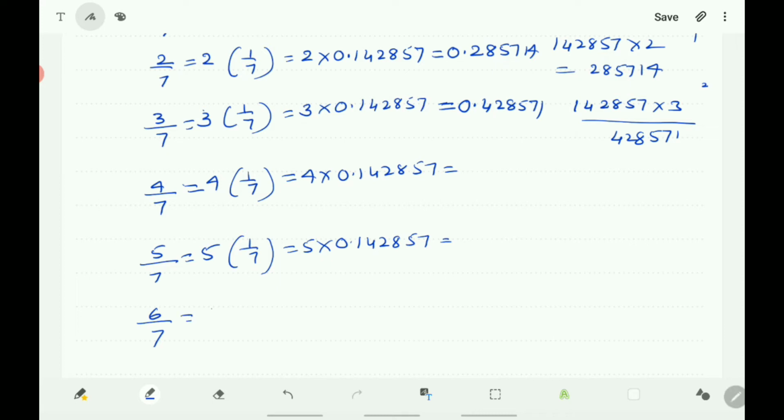And 6 by 7 also, 6 into 1 by 7, that is 6 into 0.142857. In this way, by multiplying 142857 by 6, you can write the decimal expansion of 6 by 7. Here for 4 by 7, 5 by 7, 6 by 7, you get the answer by multiplying 0.142857 by 4 and by 5 and by 6.